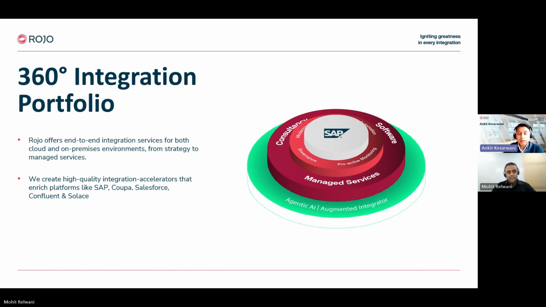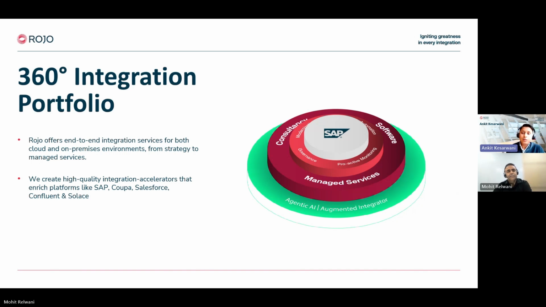So this is our 360 integration portfolio, and on top of it, because of all this knowledge in the integration domain, we are also offering agentic AI services on top of Integration Suite, which helps companies transform their DevOps process in the integration lifecycle.